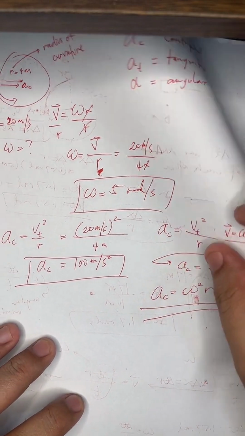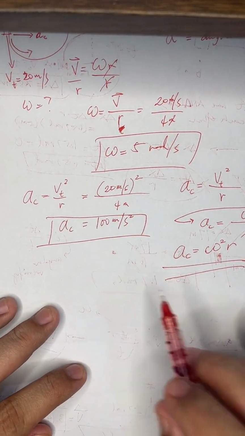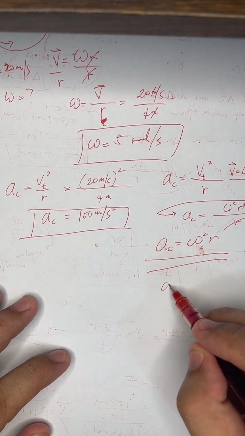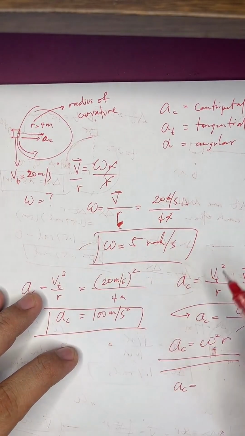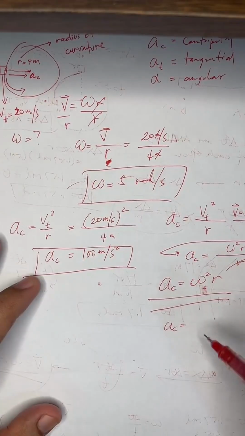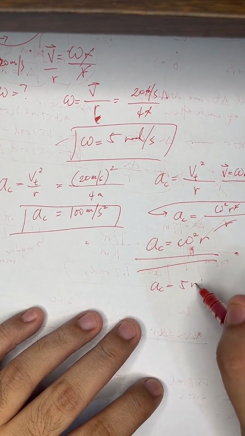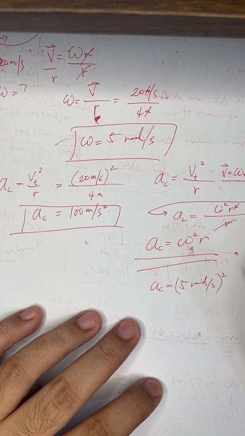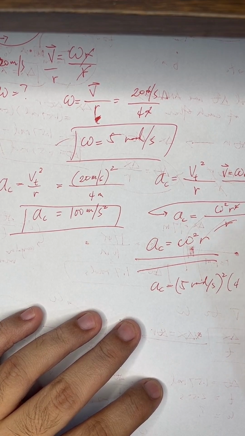Now, ideally, the answer should also be 100 meters per second squared. And let's try to check that. So a sub c is equal to omega squared. We have calculated that, and that is 5 radians per second. So we use that here. 5 radians per second squared multiplied by r of 4 meters.